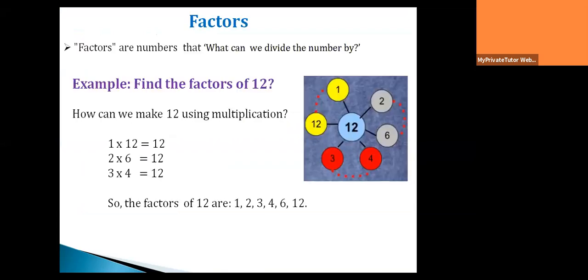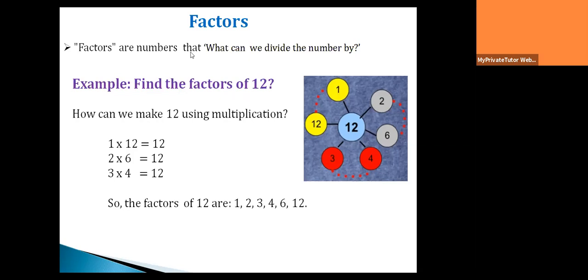HCF is highest common factor. Let's start with HCF. So how to find the HCF? Before that, let's revise a bit of factors and the common factors of numbers. What do you mean by factors?